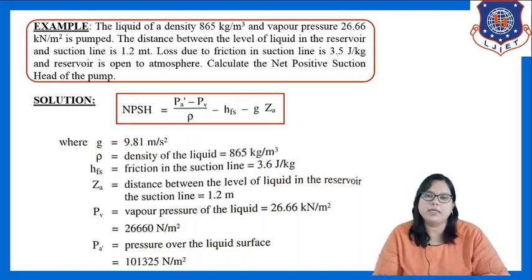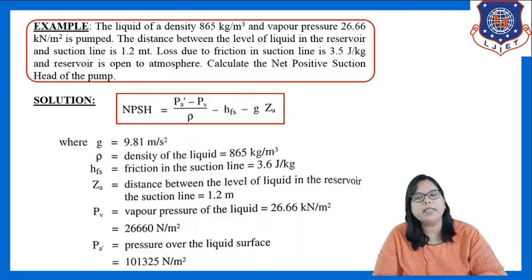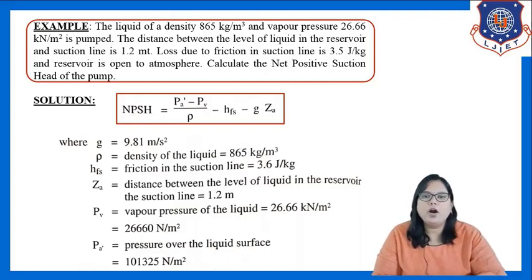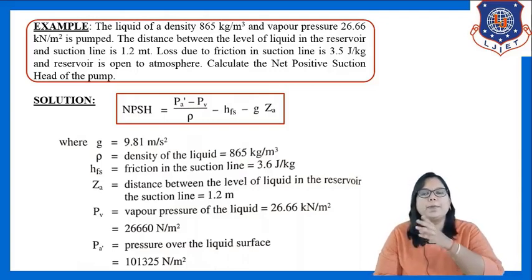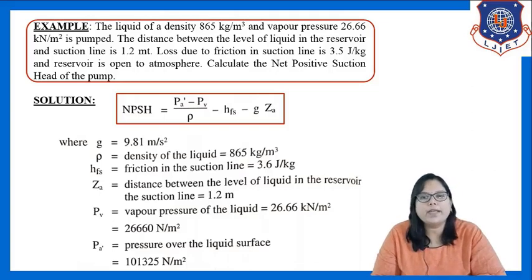And the pressure over the liquid surface, that is the pressure in the reservoir where the liquid is stored and from where we have to transfer the liquid, is given as open to atmosphere.